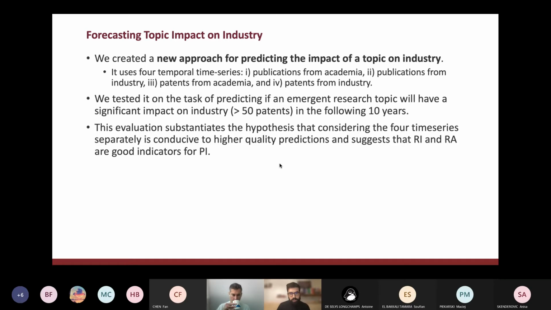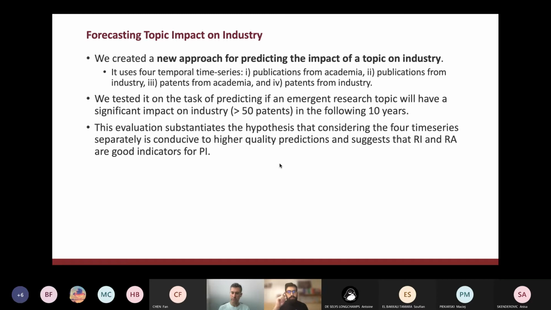We tested it on the task of predicting whether an emergent research topic will have a significant impact in industry, which means more than 50 patents in the following 10 years. So I have a topic A, which is emerging today. Will it reach at least 50 patents in industry in the next 10 years? This is the question.